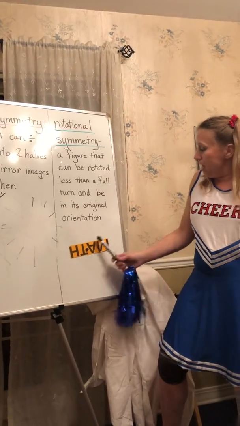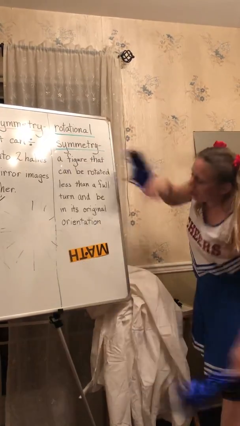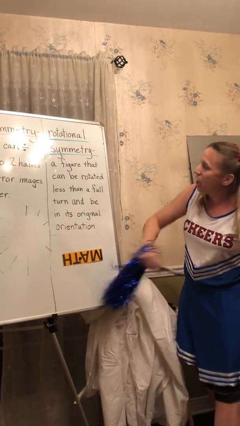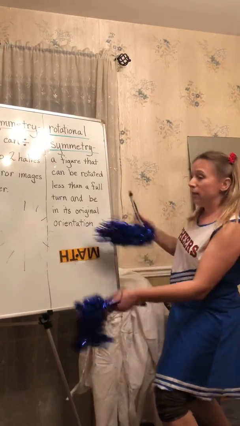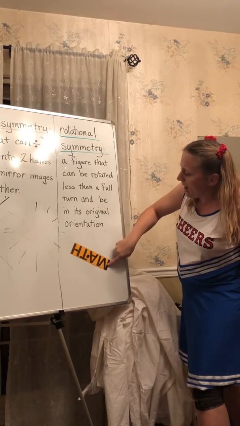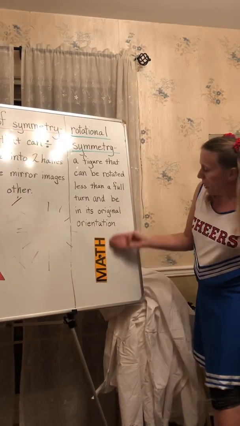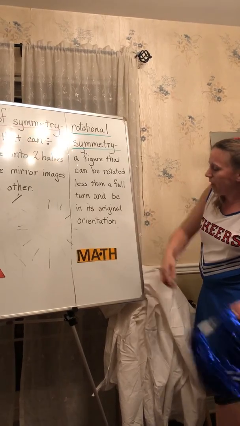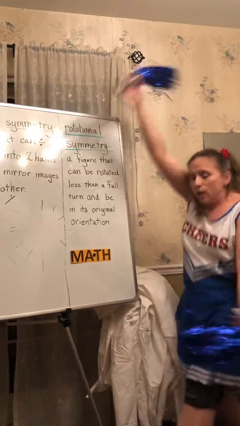Not an M, not an A, not a T, but wait! H looks the same. So H has rotational symmetry, because before it's been spun all the way, it looks like an H, only halfway. Still not the same, but here we go. H was the same when it was upside down.